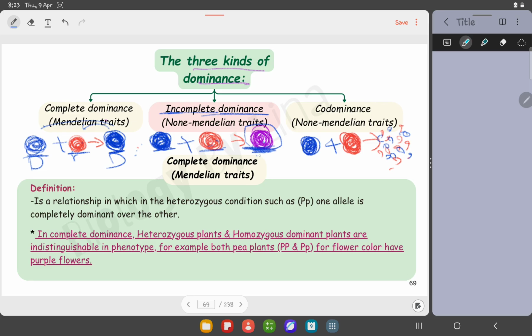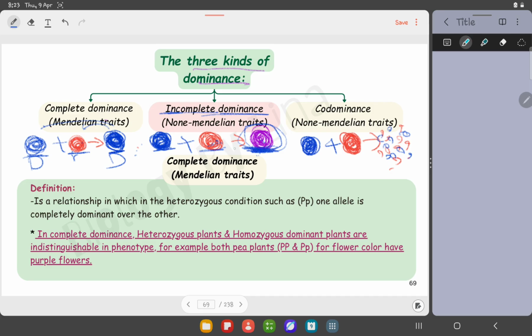So we have three traits for each character, and the third one should be heterozygous, and these two parents should be homozygous in order to get this heterozygous, and this one will be intermediate or in between the contrasting traits of the parent. For example, if you mix the blue with the red, at that time you'll get purple.